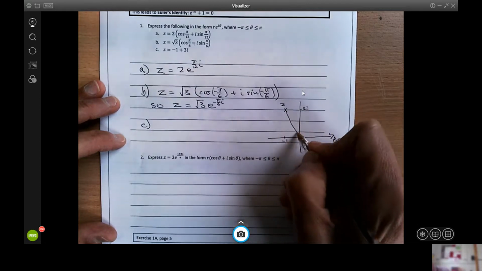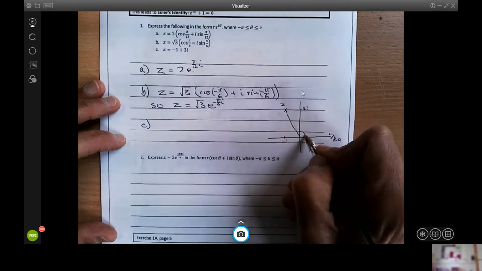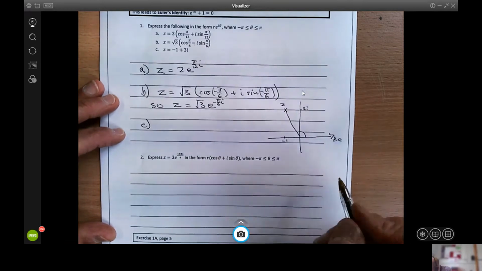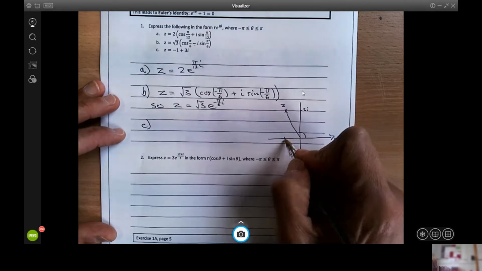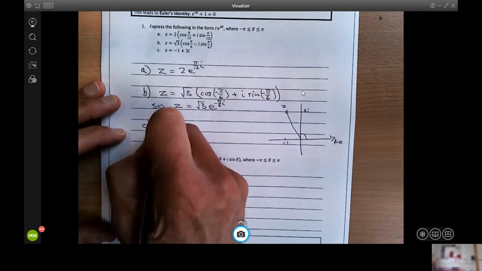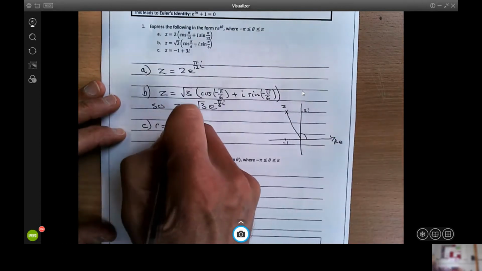And if we draw this in here, this is the argument. So the radius is going to be the square root of 3 squared plus 1 squared. So r is equal to root 10.